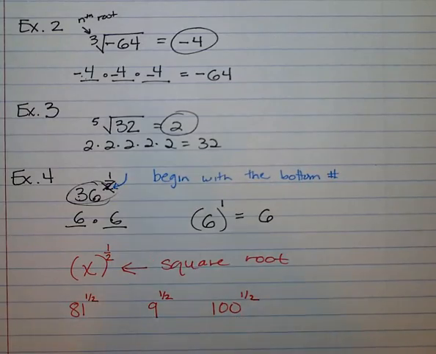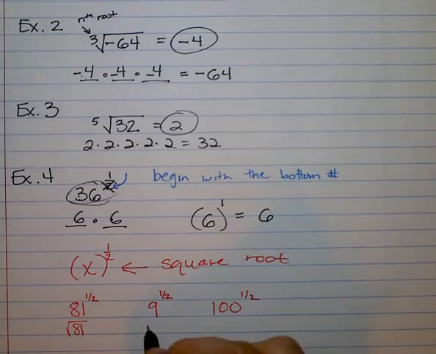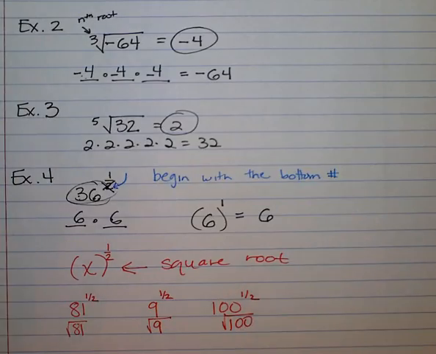In the past, some students would say, isn't it positive and negative 9, or positive and negative 3, positive and negative 10? We're going to get to that a little bit later when we talk about actually solving an equation that has exponents. But if I asked you just what is the square root of 81, your answer would be 9. Here, your answer would be 3, and your answer would be 10.